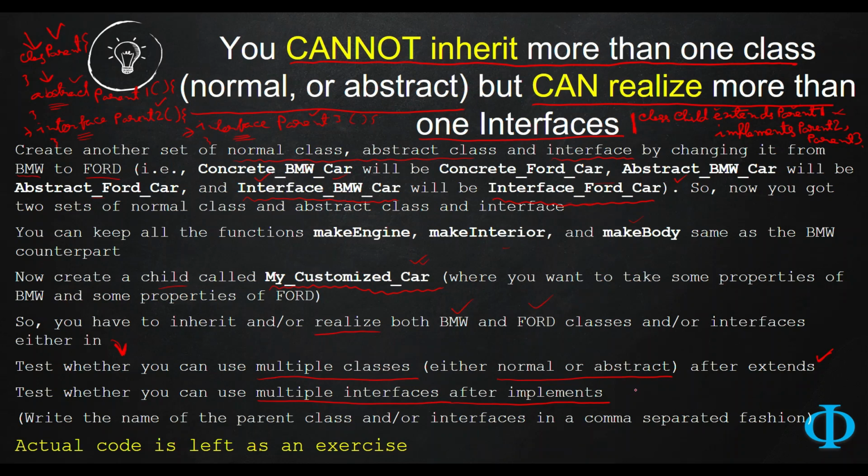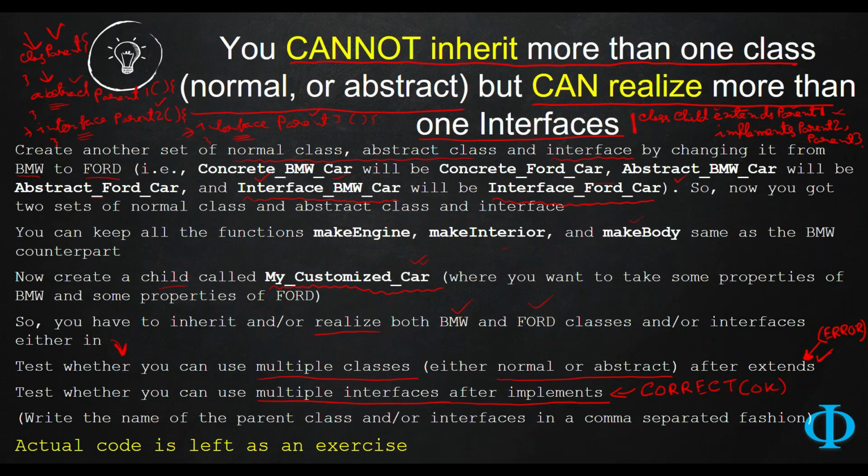This one is not going to give you an error, so this is correct, or you can say this is okay. But the part with extending multiple classes is going to give you an error over here.